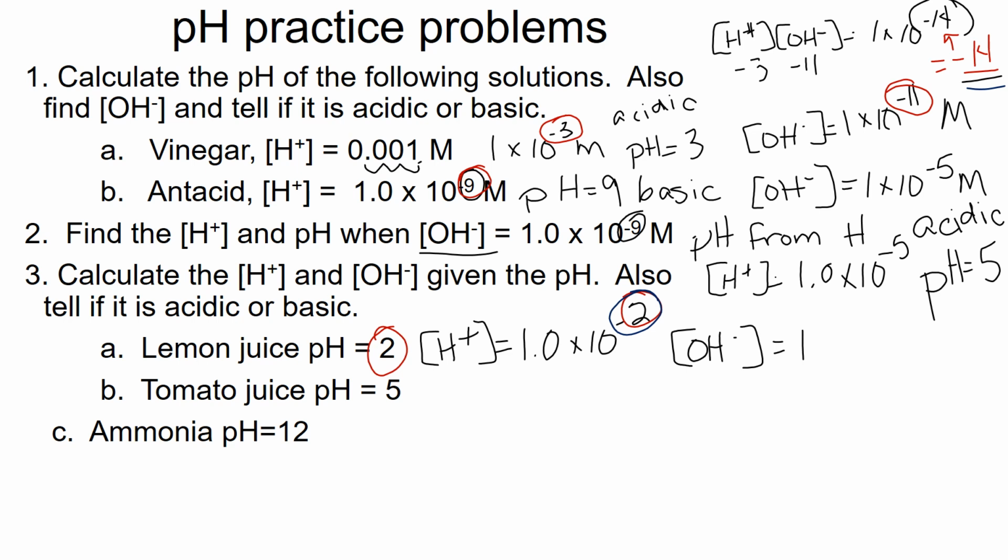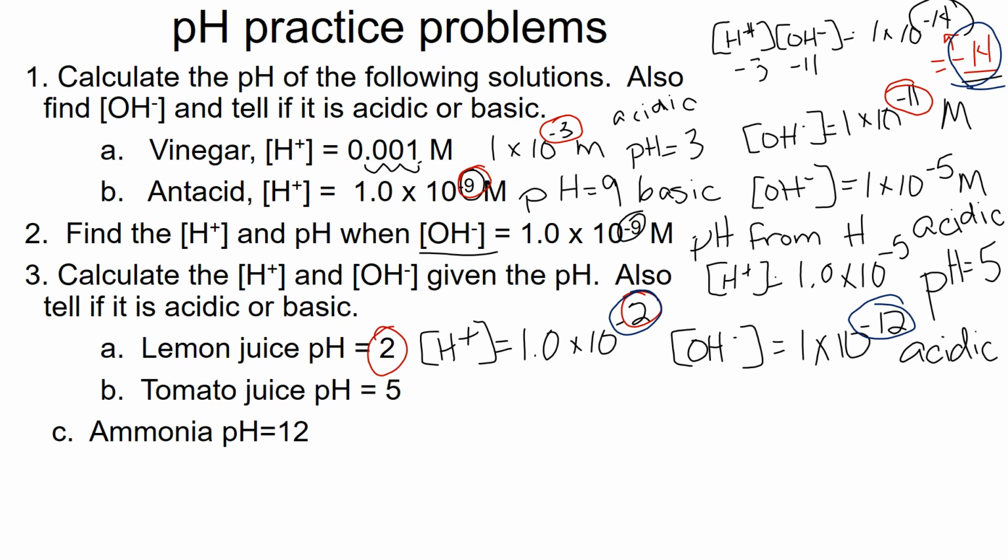So 1 times 10 to the minus 12, because minus 2 plus minus 12 equals minus 14. And would that be acidic or basic? Well, pH of 2, that's acidic.